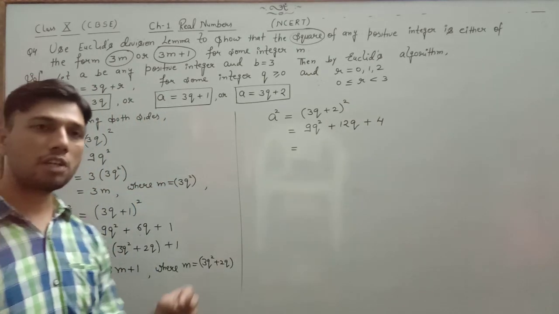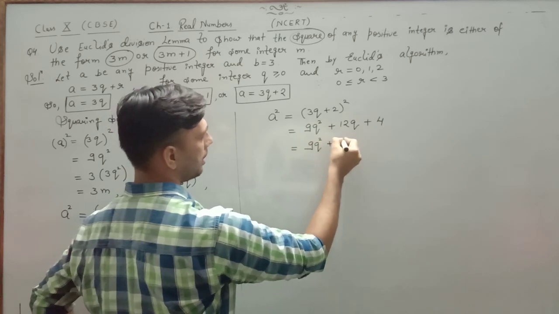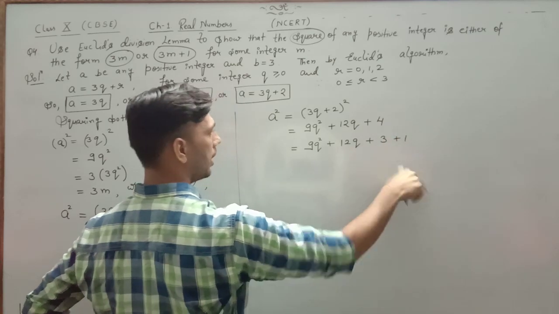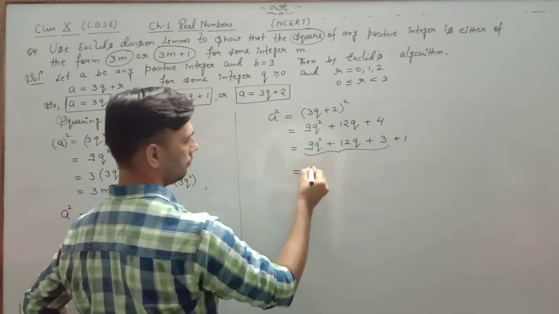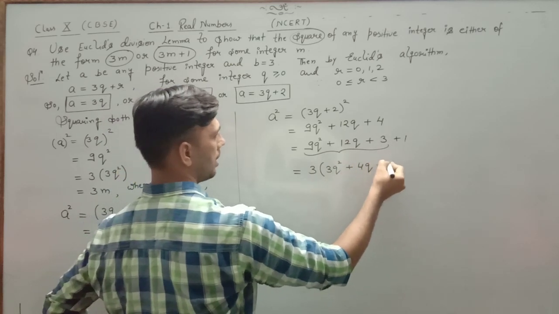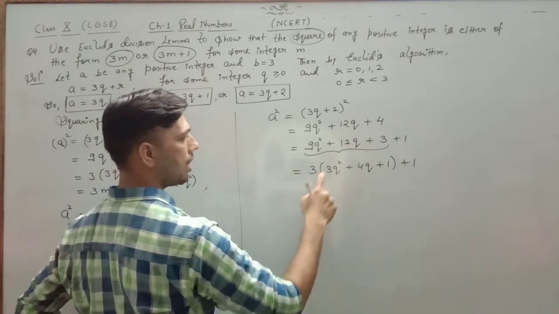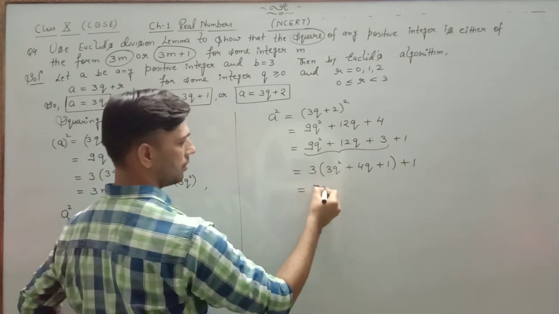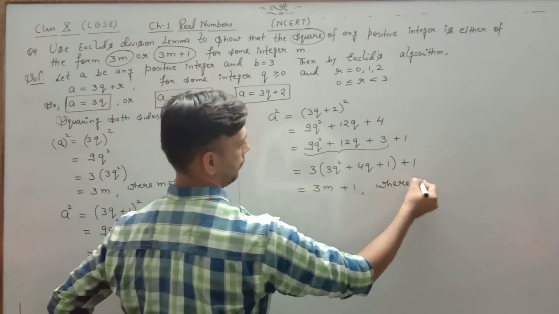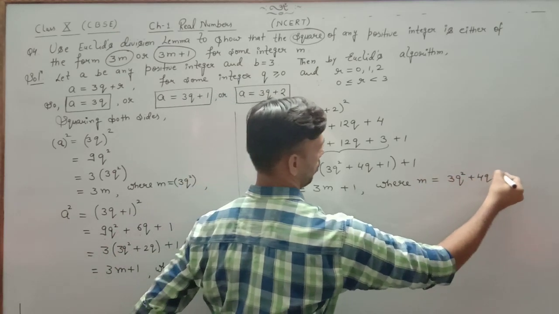So can we write 4 is equal to 3 plus 1? 9q square plus 12q plus 3 plus 1. See, 3 is common: 3q square, 4q plus 1, plus 1. 3 times 3 is 9, 3 times 4 is 12, 3 times 1 is 3. Suppose m, so m is equal to 3q square plus 4q plus 1.